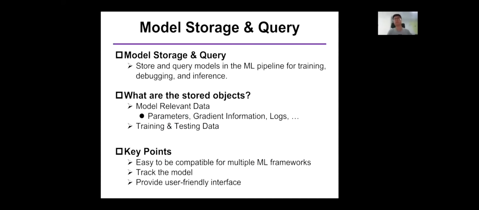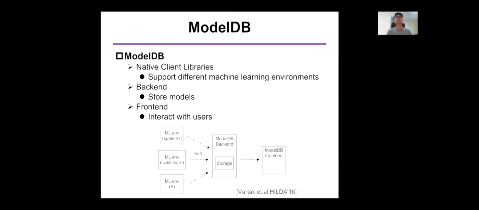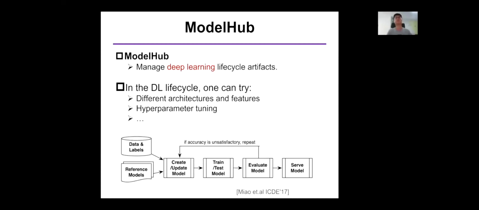So the key point is that a model storage framework should be compatible with multiple machine learning frameworks, and the users can easily track the model, and there will be a user-friendly interface. And let's see ModelDB. It provides native client libraries that support different machine learning environments, and it has a backend to store models and a front-end to interact with users.